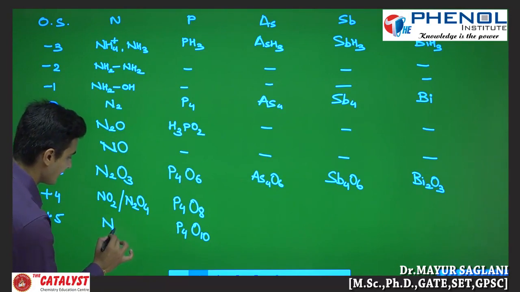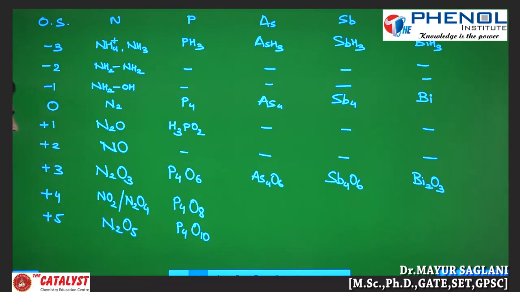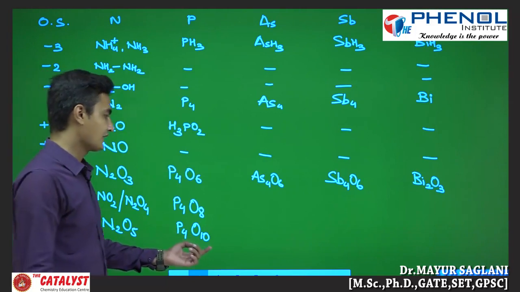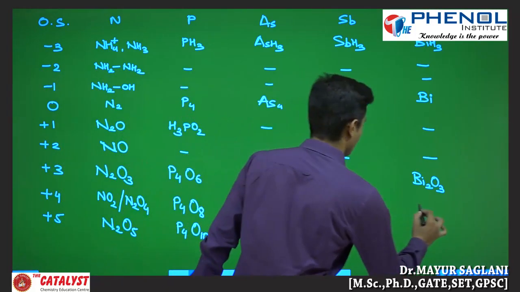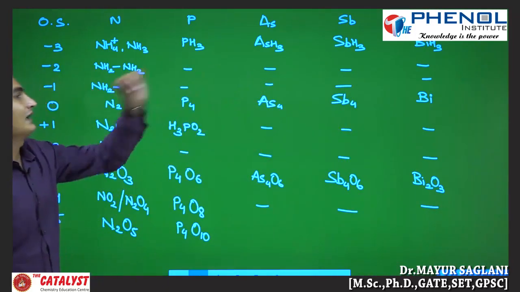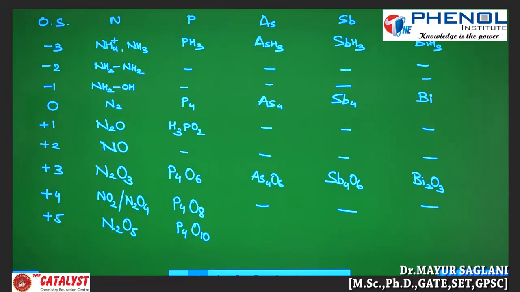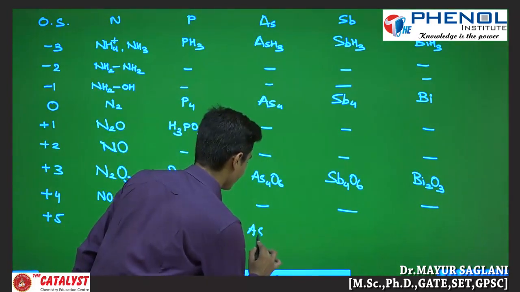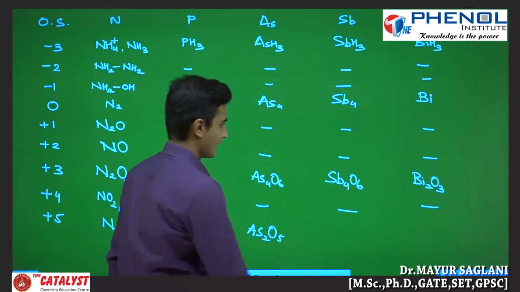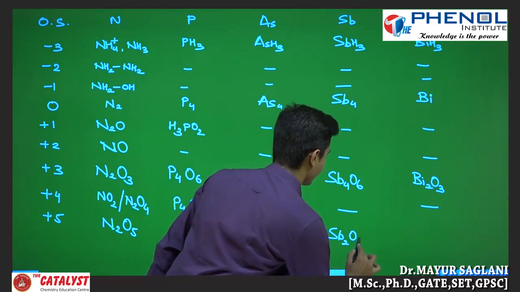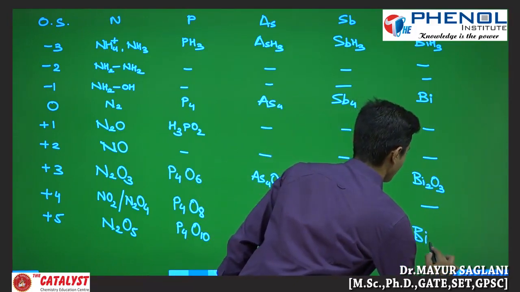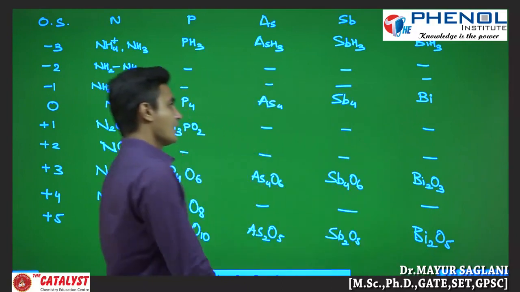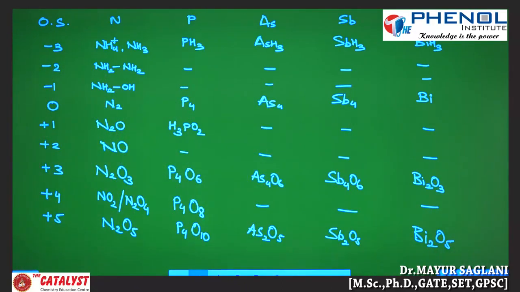Likewise N2O5 is stable as a monomer, while phosphorus is stable as a dimer. +4 will not be shown by arsenic, antimony and bismuth, but +5 will be shown by arsenic as As2O5, likewise Sb2O5 and Bi2O5. So this is the table for the oxidation states of the elements and their compounds.